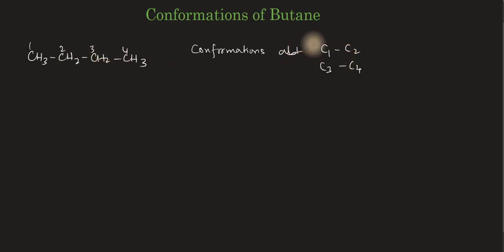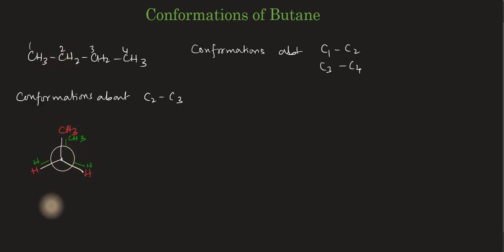So instead of analyzing the sigma bond between C1 and C2 or between C3 and C4, we analyze the sigma bond of C2 and C3. If we draw conformations about C2 and C3, the simple structure with dihedral angle 0 degree will look like this.